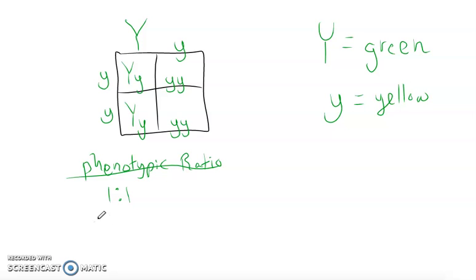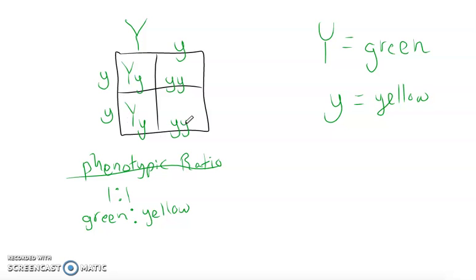We can see that that phenotype is actually green because they have that dominant allele, the uppercase Y, big Y. And there's two of those, right? And then we've got over here two lowercase genotypes that are going to code for yellow. Okay, yellow pea plants. And we can see there's two of those.